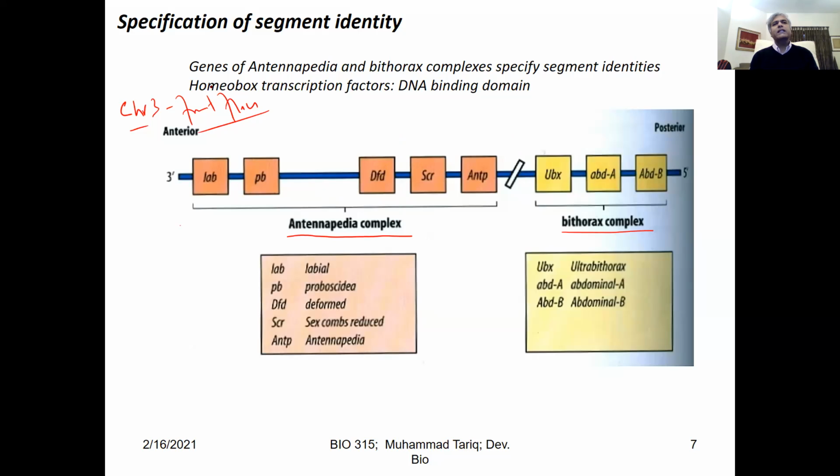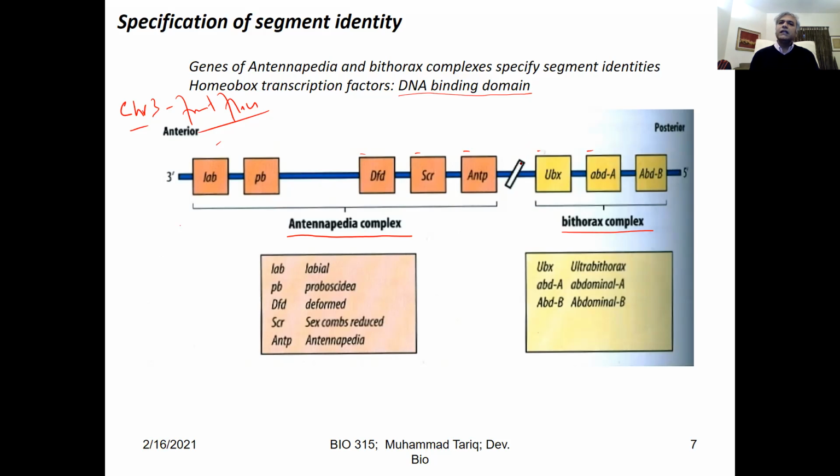And what they discovered is that all these homeotic gene proteins have a specific DNA binding domain, and they named this conserved sequence of amino acids the homeobox domain, because they recognize specific sequences in their own promoters. Their promoters have the recognition site, and the protein has the specific domain called the homeobox domain.